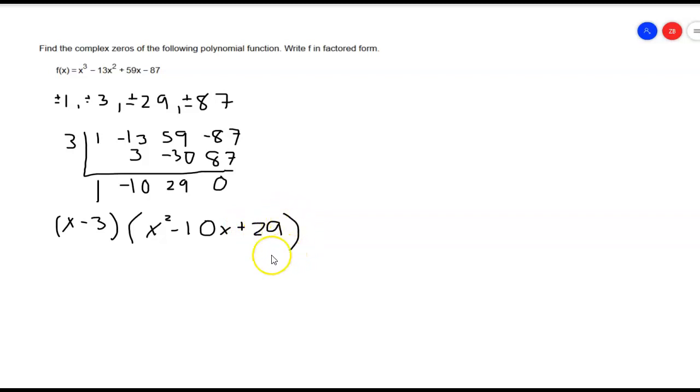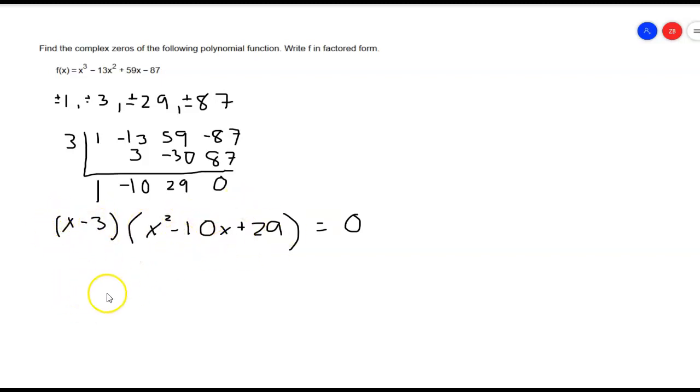All right. And from here, I can pretty easily see that this is not factorable. And in fact, we did this quadratic in another video. So I kind of already know what the solutions are, but let's go ahead and work that one out. They want us to put it in factored form, so we need to find the zeros of this quadratic as well. And then we'll put those factors along with this factor.